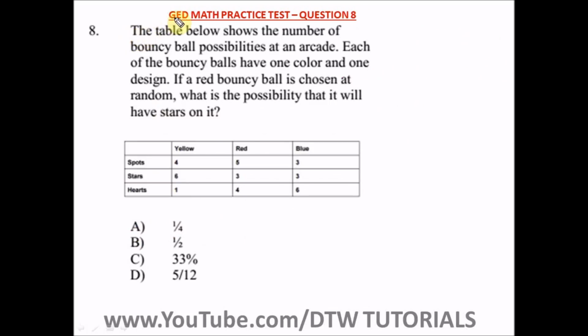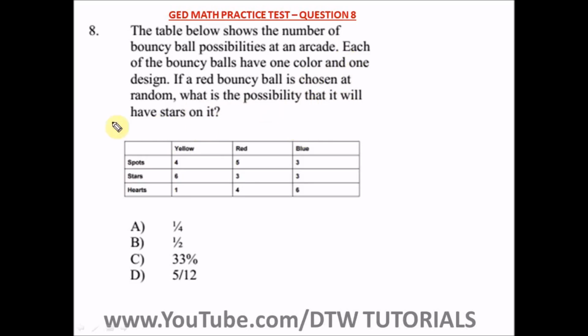Question 8 of the GED math practice test says: the table below shows the number of bouncy ball possibilities at an arcade. Each of the bouncy balls has one color and one design. If a red bouncy ball is chosen at random, what is the possibility that it will have stars on it?